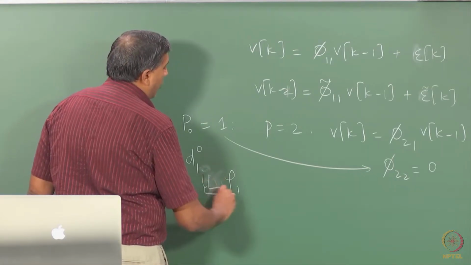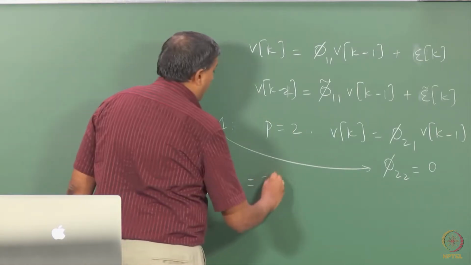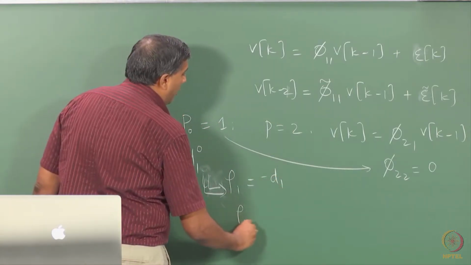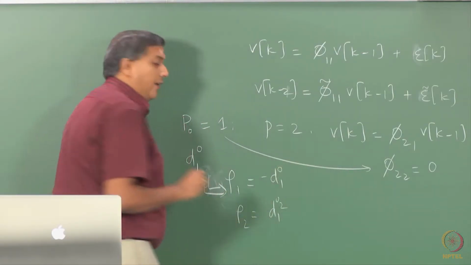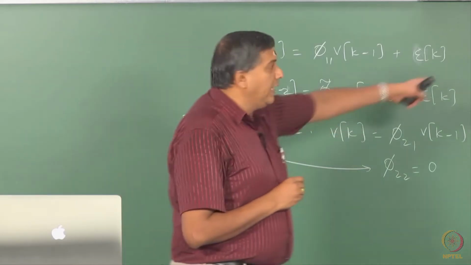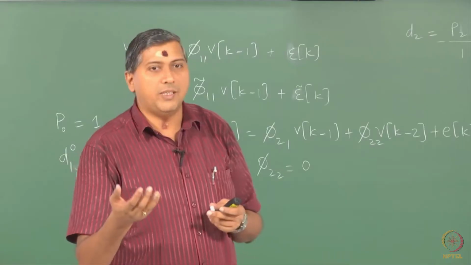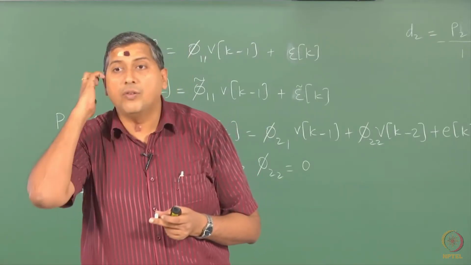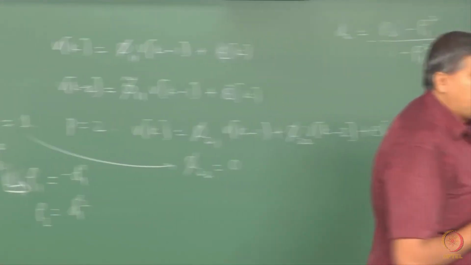So this implies rho 1 is minus d1 naught, and rho 2 would be d1 naught square. So you plug in these theoretical values into your d2, and you can straight away see that this extra coefficient that you have included in excess of the true order has turned out to be 0.